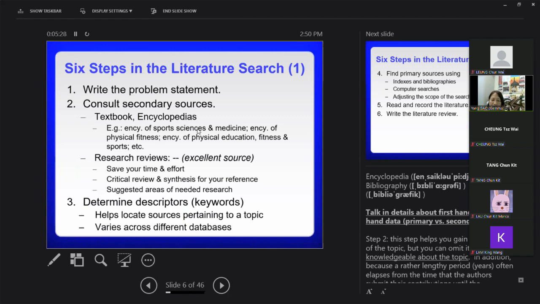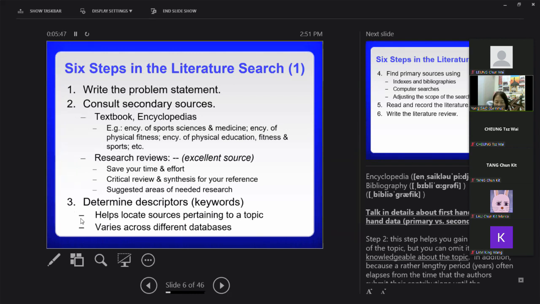Step 3 is to consider and determine the keywords for further searching. So if the first step is to locate the secondary resources, the research review articles are the better resources.